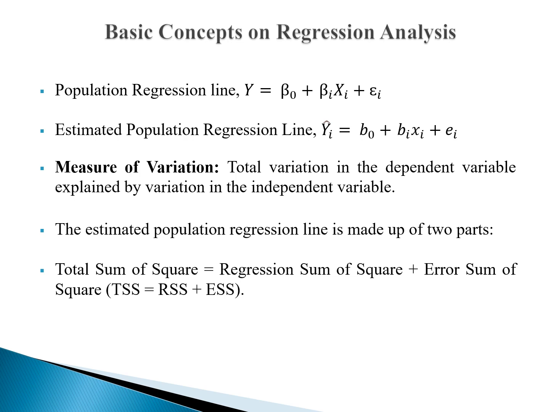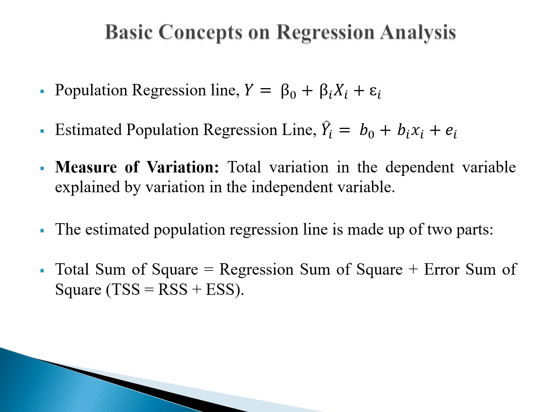Now, whether the model that I have chosen is a well-fitted model or not, whether the independent variables will describe the dependent variable well or not. In order to study this relationship under regression analysis, we follow a measure of variation, where the total variation in the dependent variable is explained by the variation in the independent variable.